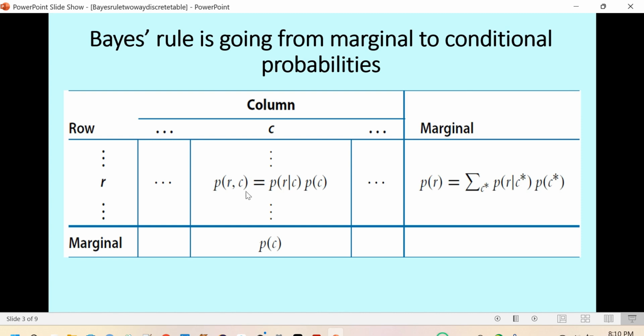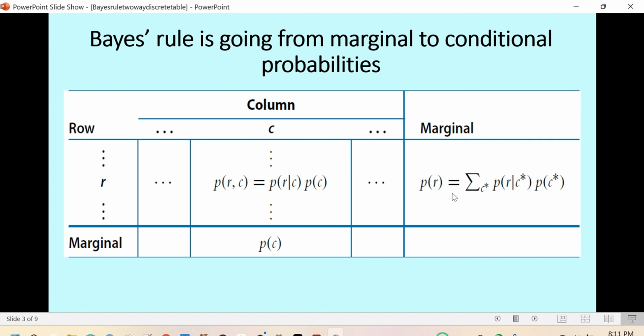But this probability can be written as the multiplication of P(C) times the conditional probability of P(R given C). Here C is for a specific value of C, while this marginal probability is for these specific values.